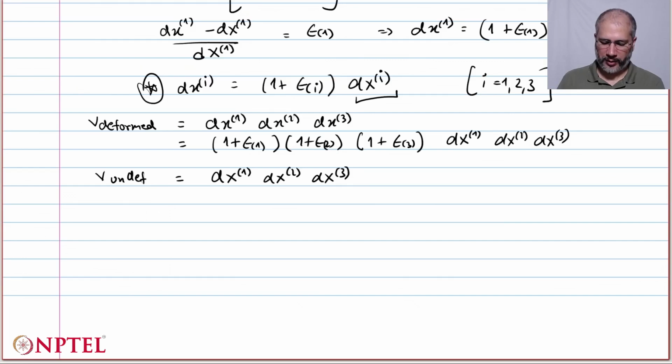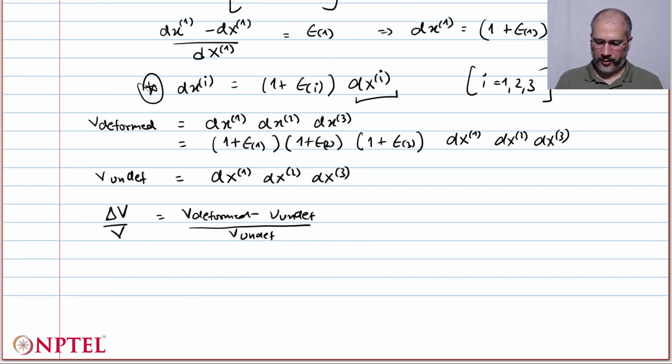Now we define volumetric strain as delta V upon V, where delta V is V deformed minus V undeformed. That's the change in the volume upon the initial volume, which is V undeformed. And when we do this, we will see that this comes out to be epsilon 1 plus epsilon 2 plus epsilon 3 plus, now we have products of two epsilons, epsilon 1 epsilon 2 and so on.